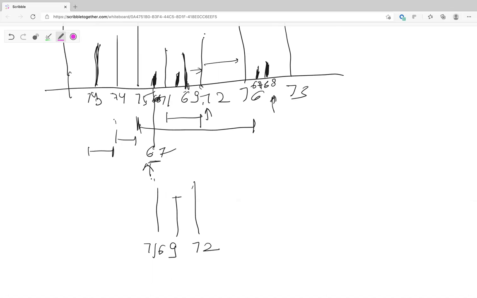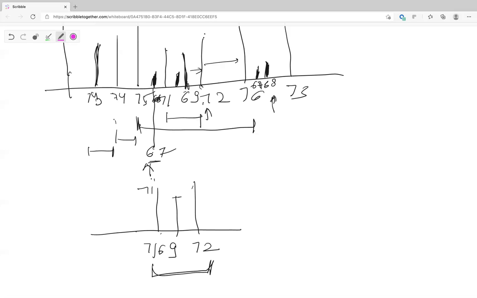I've given you only 3 temperatures. Will 69 ever be useful for any temperature before 71? No. Even if you had 60, 69 won't be useful, because only 71 will be useful.